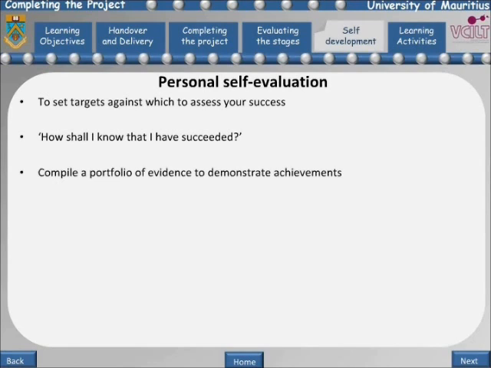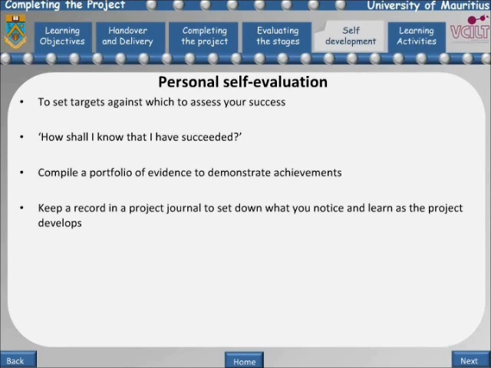You may do this by compiling a portfolio of evidence which demonstrates your achievements against each objective that you have set yourself. Another way of keeping a record is a project journal in which to set down what you notice and learn as the project develops.